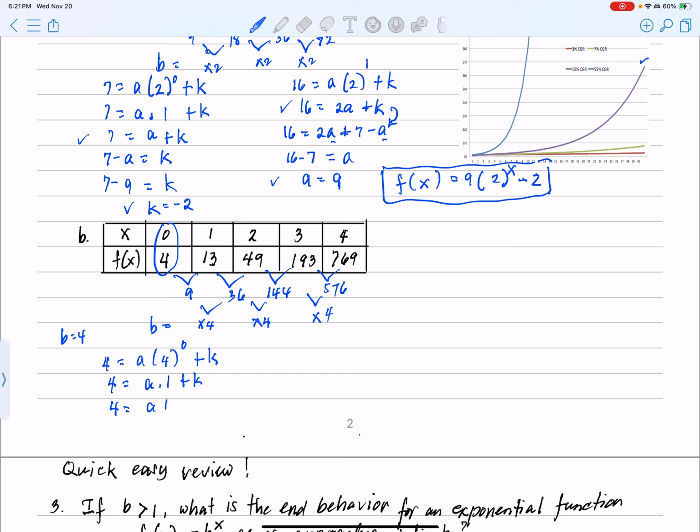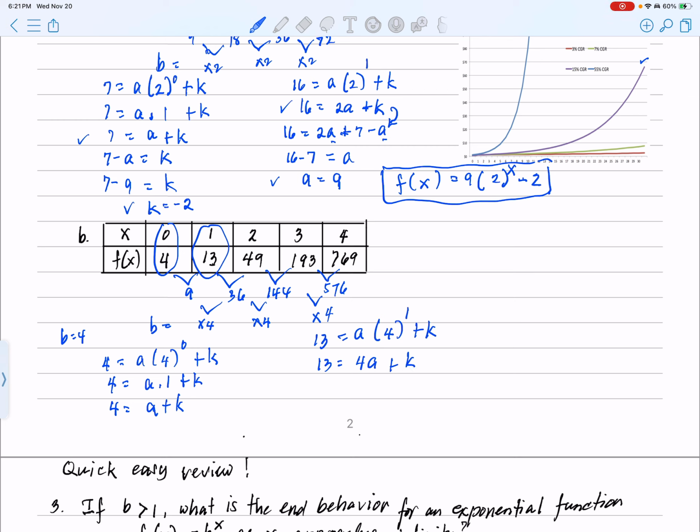Let's have another pair of coordinates. So we'll have 13 equals A times 4 to the first power plus K. So 4 to the first power is 4 times A. That's 4A plus K. So we have this equation and this.